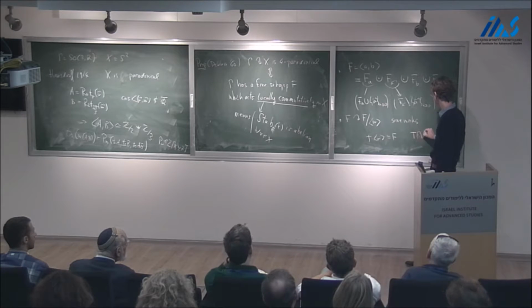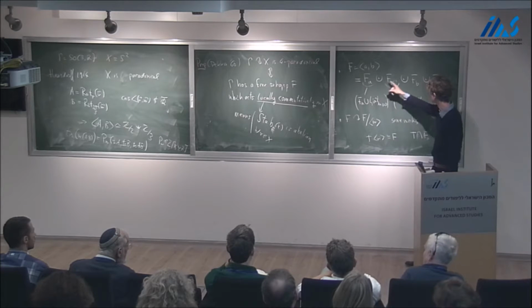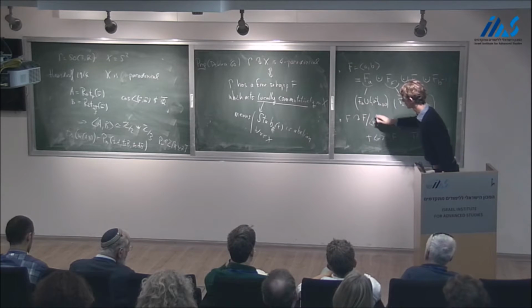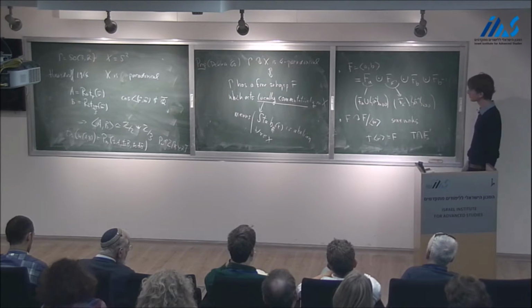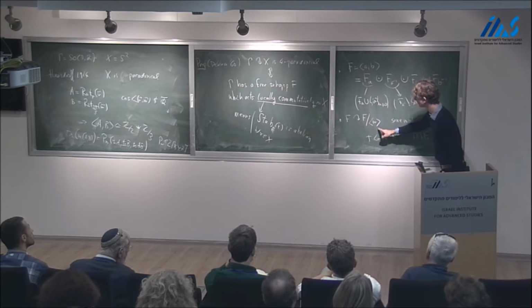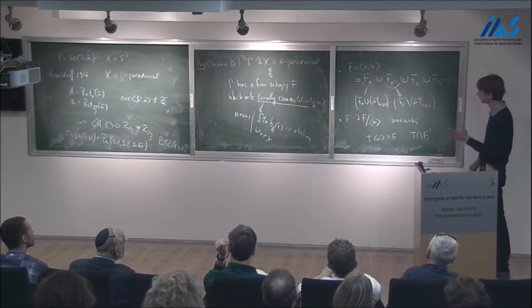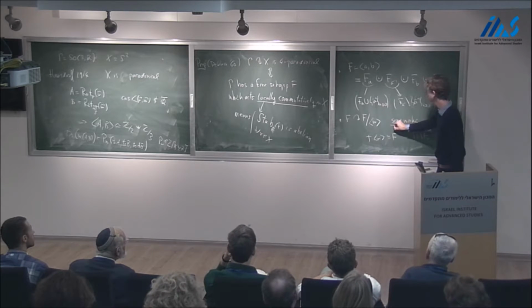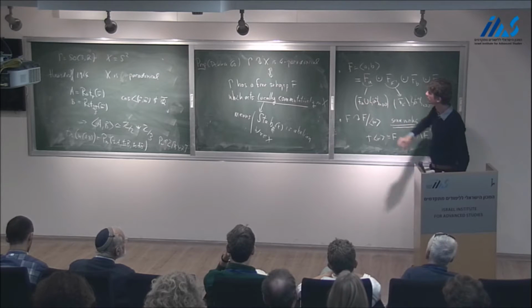You take T intersected with these elements of the partition, and this gives you a partition of the coset space. This works whenever you have F modulo an abelian subgroup. Abelian subgroups of the free group are cyclic, so this works. Okay, so that's the idea behind the proof of this proposition.